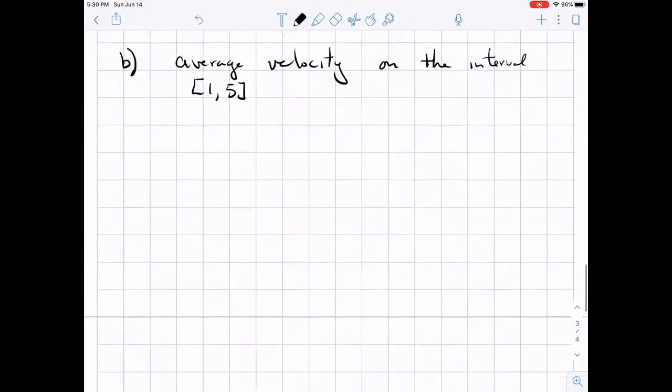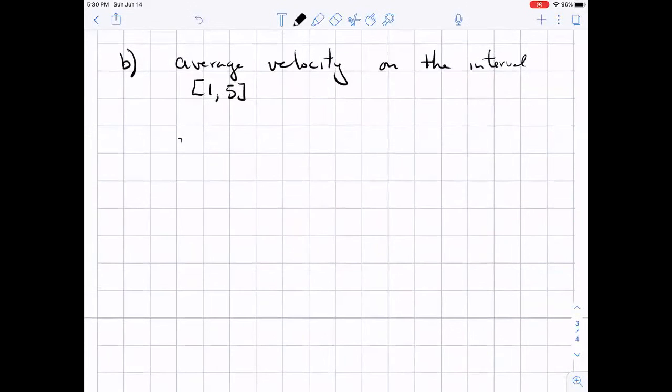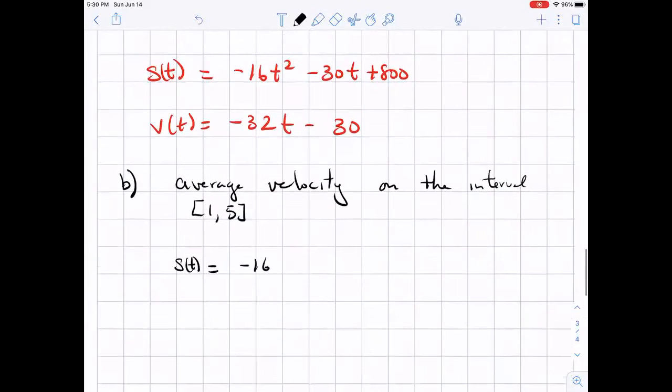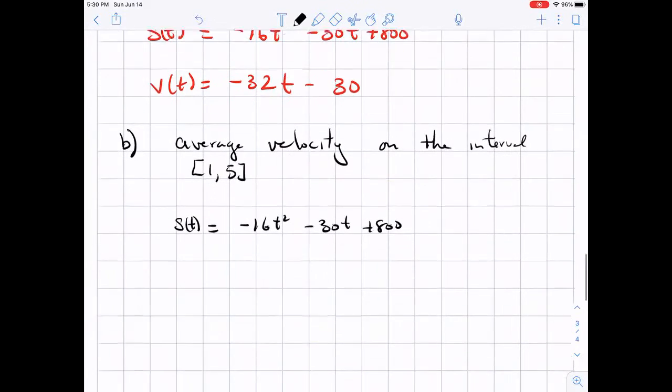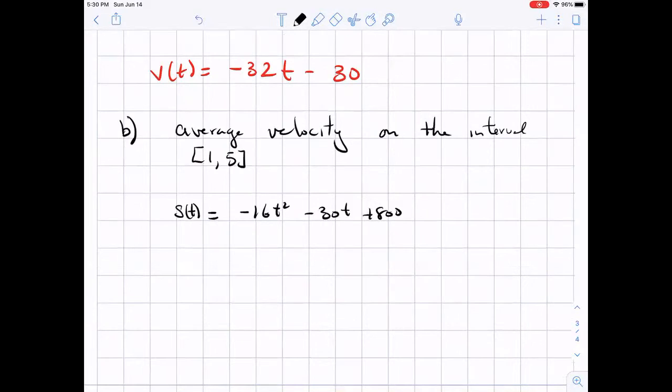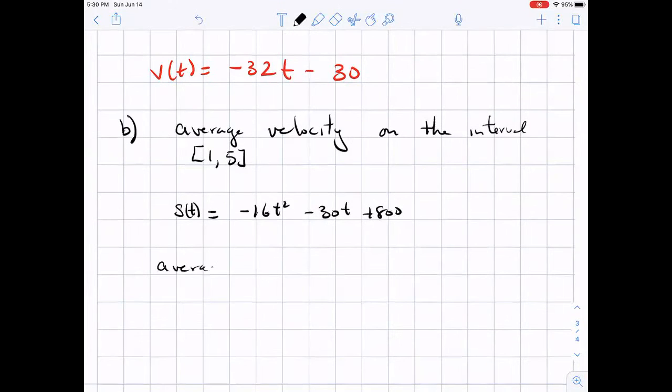So we have the distance, or the position function s of t. S of t is minus 16t squared minus 30t plus 800. And we know that the velocity is the change in position over the change in time. The average velocity is equal to the change in the position over the change in time.